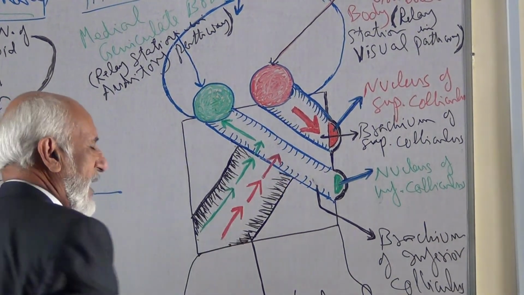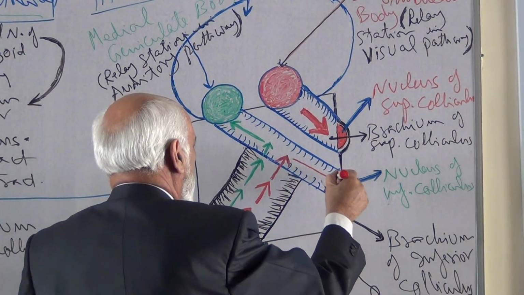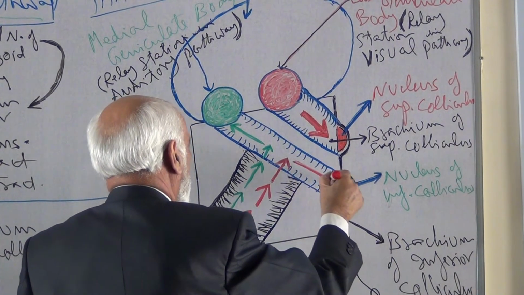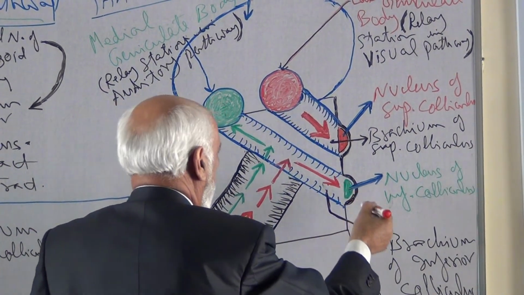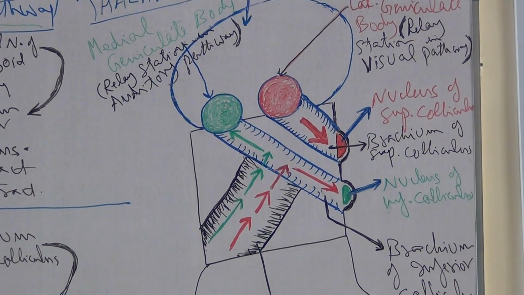The fibers then run downwards and backwards to relay in the nucleus of inferior colliculus. And from the nucleus of inferior colliculus, tectobulbar and tectospinal tracts arise.